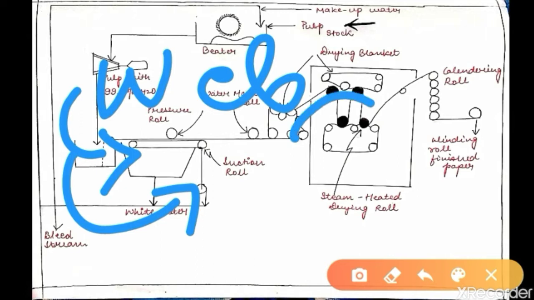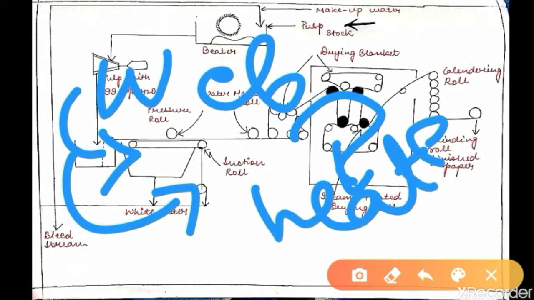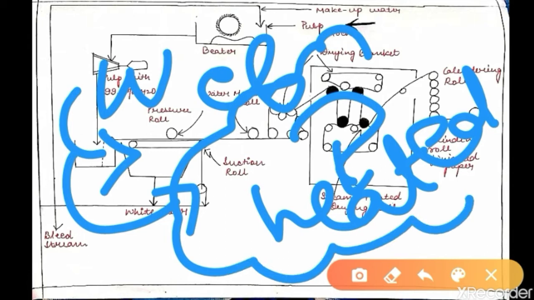Now after drying, if there is any probability that it contains water to a certain quantity, again we need to get rid of it with the help of the heated rolls. So you will get these words completely after you understand the process.